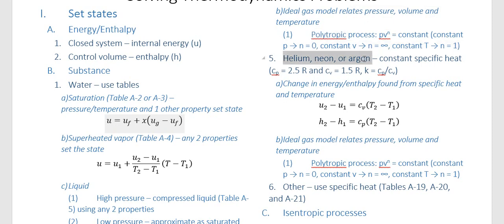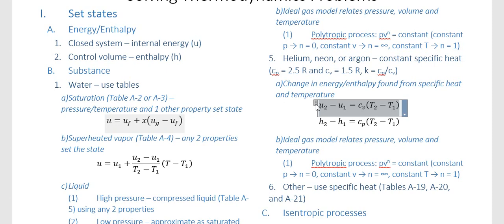Now, helium, neon, and argon, okay, these are monatomic gases. We do not have tables, right? In general, if you have a table, use it. These are a case where you don't have tables. However, for these specific monatomic gases, specific heat actually is constant, so we can use specific heat equations to find delta U and delta H. So really all we're looking for when we set our states is the temperatures, because then we can use the specific heats CP or CV, depending on if I'm looking for U or H, to find that change in enthalpy.